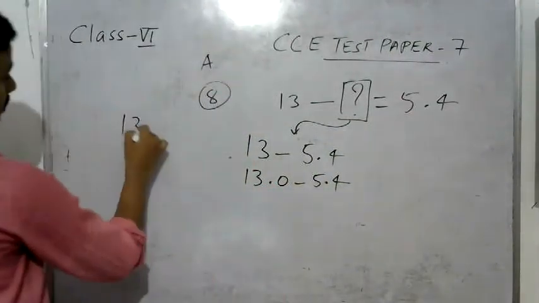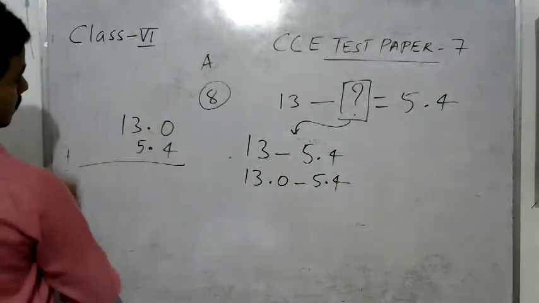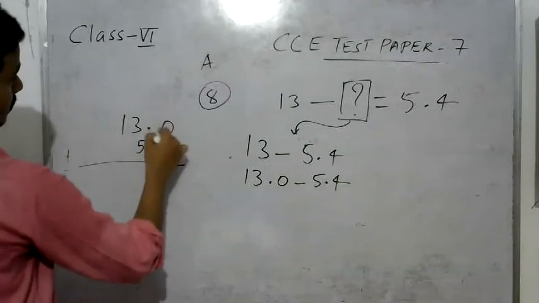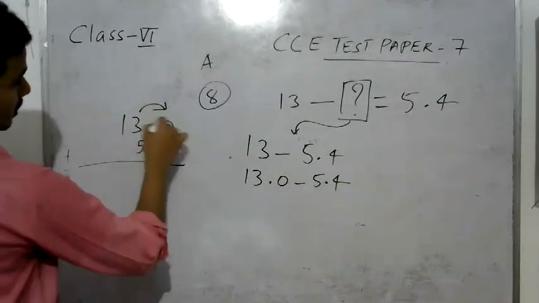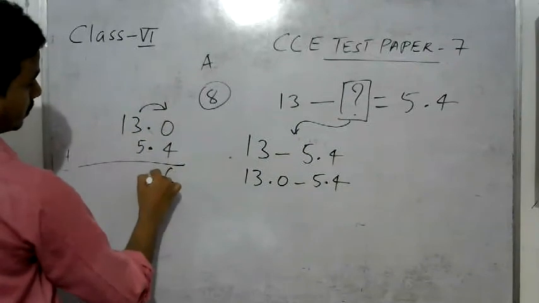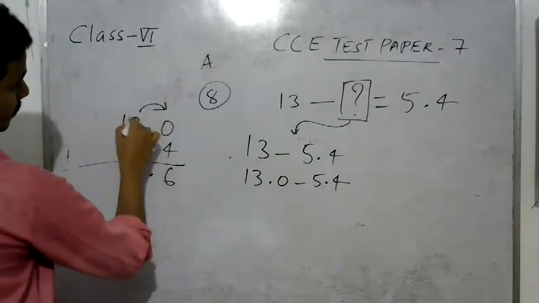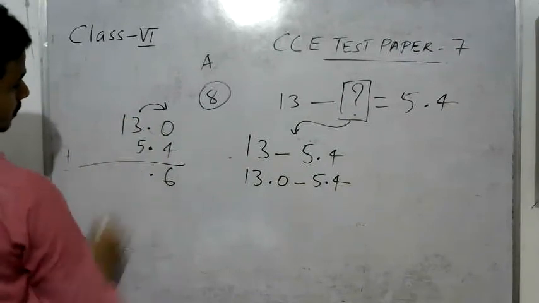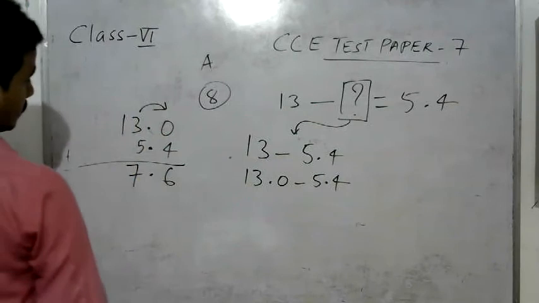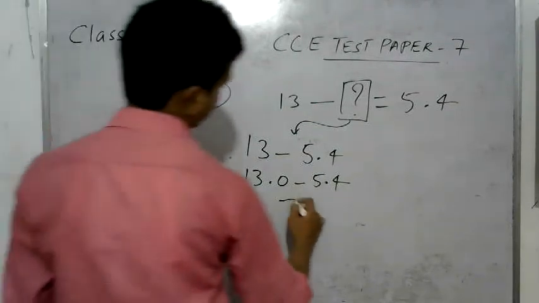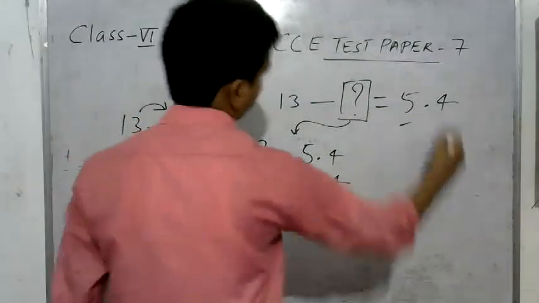Now subtract it here, 13.0 and 5.4. So 4 cannot be subtracted from 0, it will take 1 carry, 1 and 0 makes 10, 10 minus 4 is 6. Now it is 2, it will take carry from here, it will become 12, 12 minus 5 is 7. So 7.6 should be subtracted from 13, then you will get 5.4.